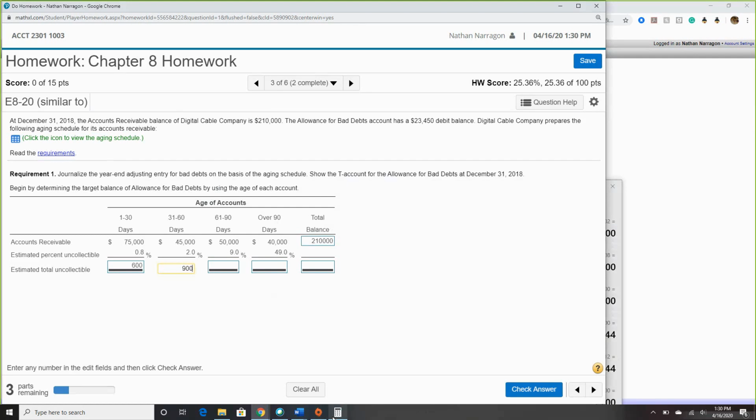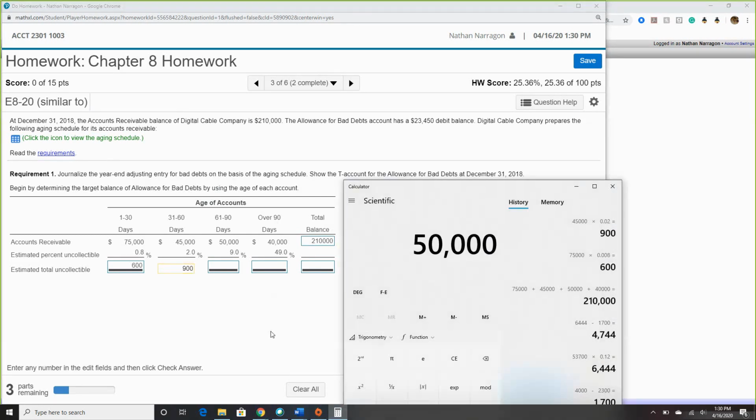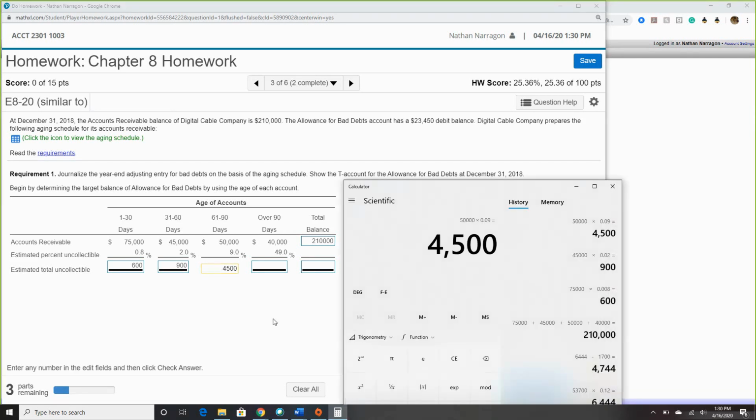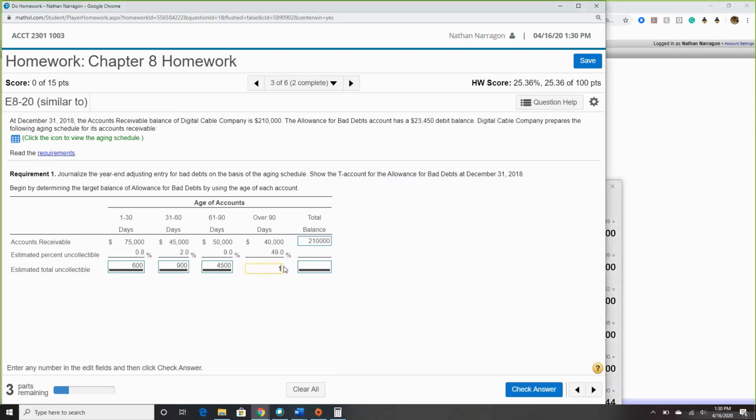Okay. And we have 50,000 times 0.09 equals out to 4,500. And then lastly but not surely, over 90 days, it currently skyrockets in this book. About 40,000 times about 0.49. 19,600.